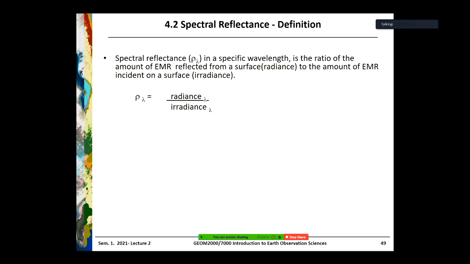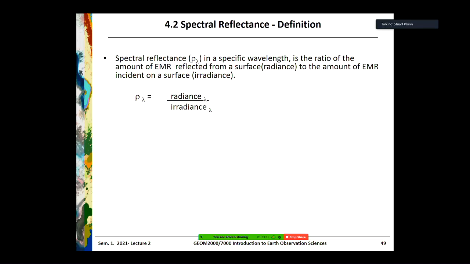Light's being absorbed, whereas most of it's actually being reflected off the table here. So if we had a perfect reflecting object, the radiance would be almost the same as irradiance, and that term would be 1. Maybe it's about 0.7 or 0.8 for the table here, whereas for this it might only be 0.3. So reflectance is a relative term.